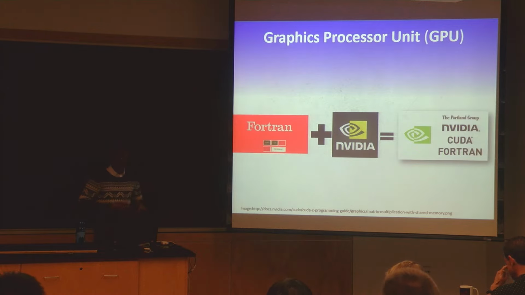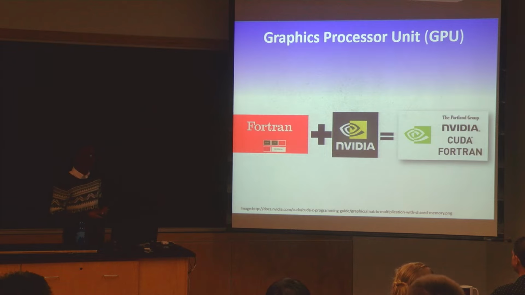In our case, we've been using Fortran as our base language, which has earned my respect this summer. And in combination with NVIDIA's GPUs, there's also a library, a set of tools developed by the Portland group, and you can use certain functions they already have, such as matrix multiplications and whatnot.